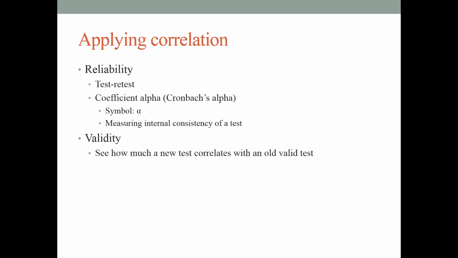You give people this new anxiety test, and also an old anxiety test that we already know is valid. And these two tests should be highly correlated if this new test is valid, but should not be perfectly correlated. Because if it is perfectly correlated, then why do we need this new test, right? So this is applying correlation.